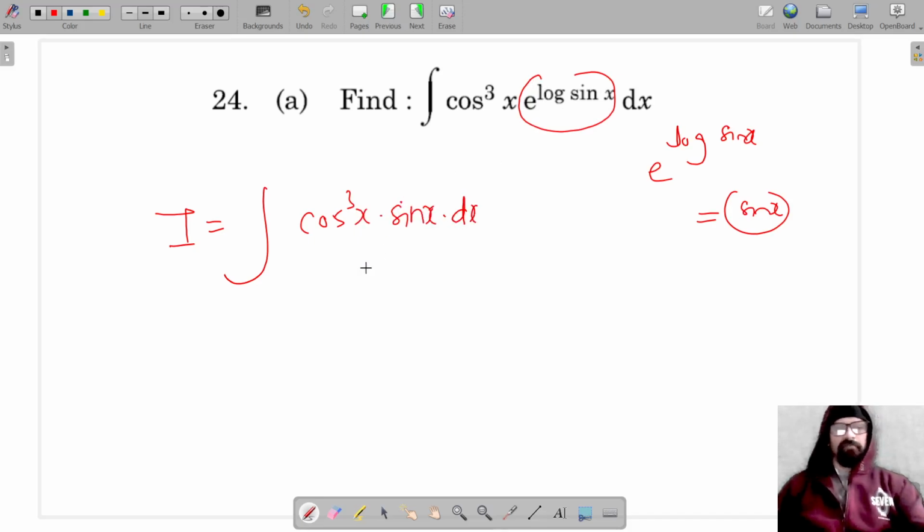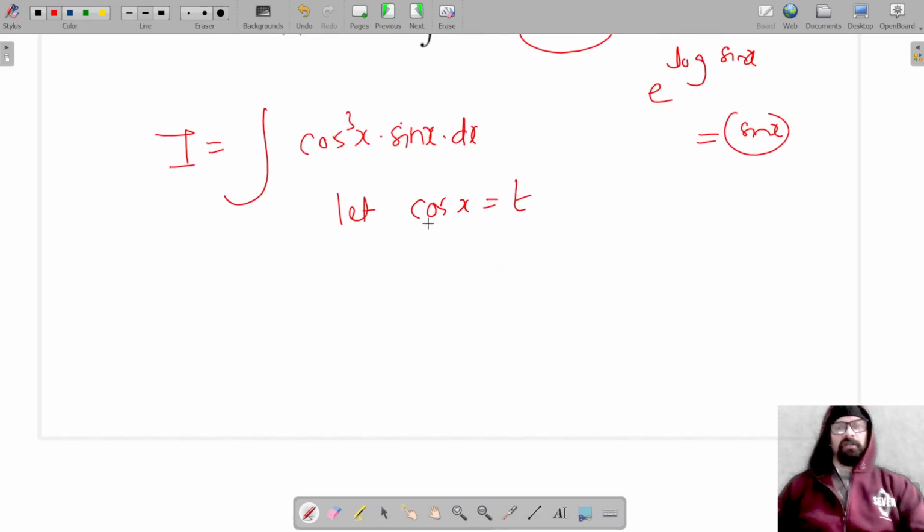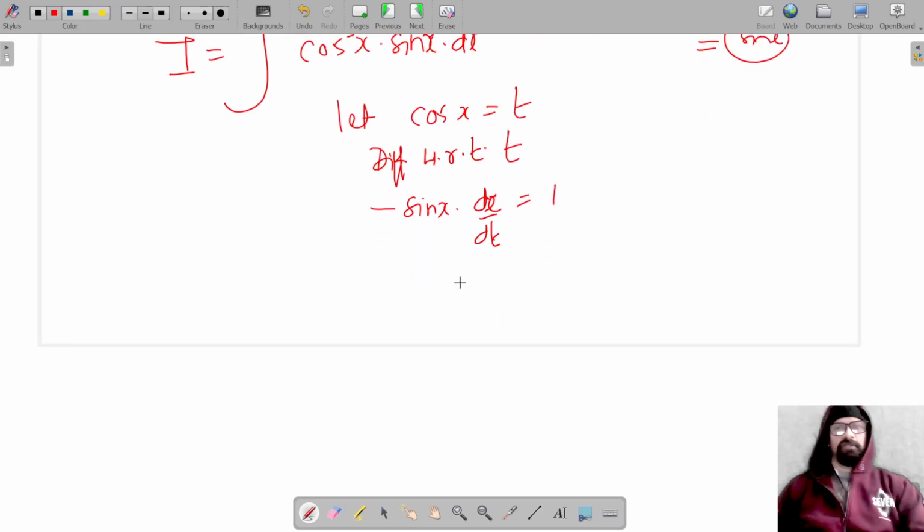Now it's ready for substitution, so let's put cos x equal to t. Differentiating this with respect to t, the differentiation of cos x is negative sine x times dx by dt, and the differentiation of t with respect to t is 1.